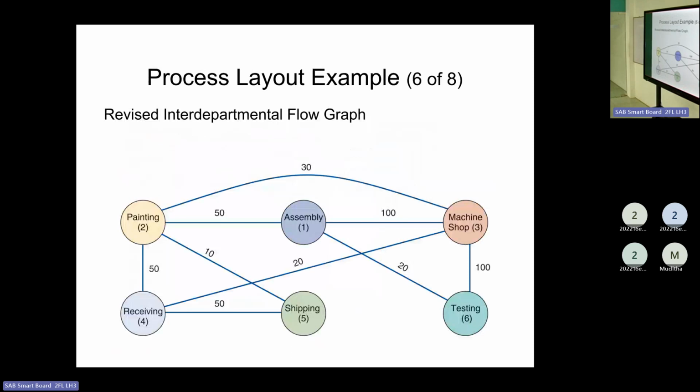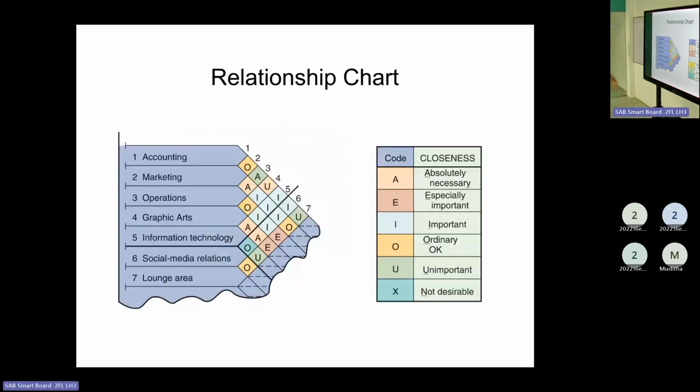And what you see here is one such schematic diagram, or relationship diagram, used to summarize experts' opinion on location. This is called a relationship chart or schematic diagram that summarizes the location preference.